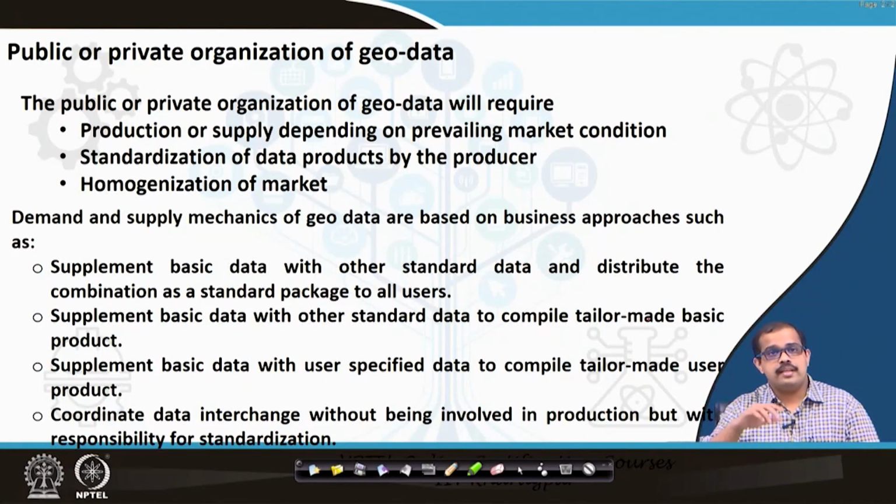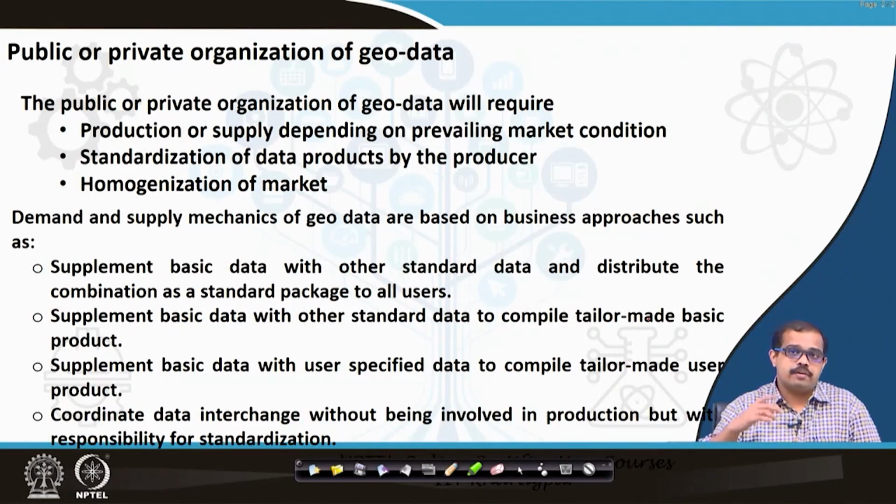Or supplement basic data with other standard data to compile a tailor-made basic data. This is what the private companies do till now, or any of those companies which are providing data. Supplementing basic data with user specified data to compile a tailor-made user product is what most of the enterprising companies do till now. So, all of these are different business approaches that you can take.